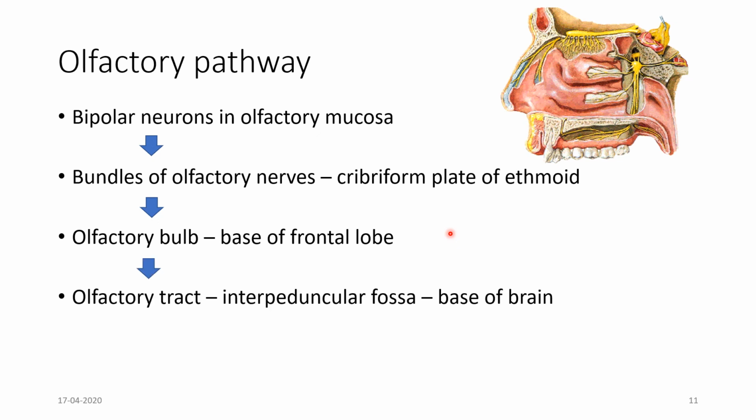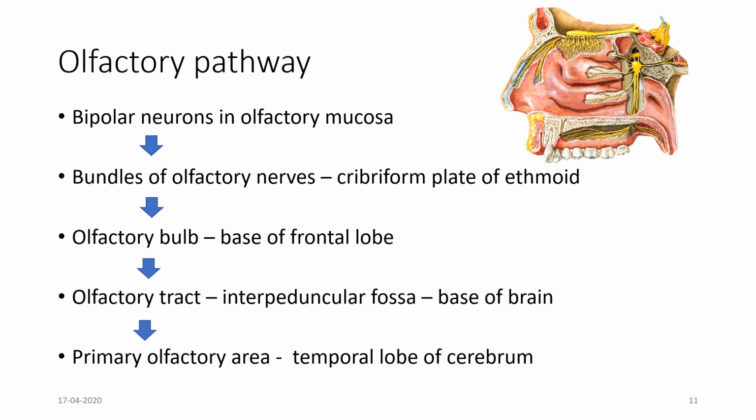And from there, the olfactory tract starts, which will be going to an area called the interpeduncular fossa in relation with the base of the brain. And from there, they go to the primary olfactory area in the temporal lobe of cerebrum. So this is the olfactory pathway.